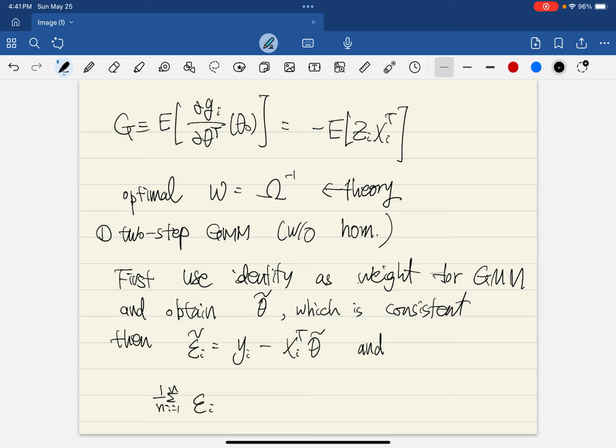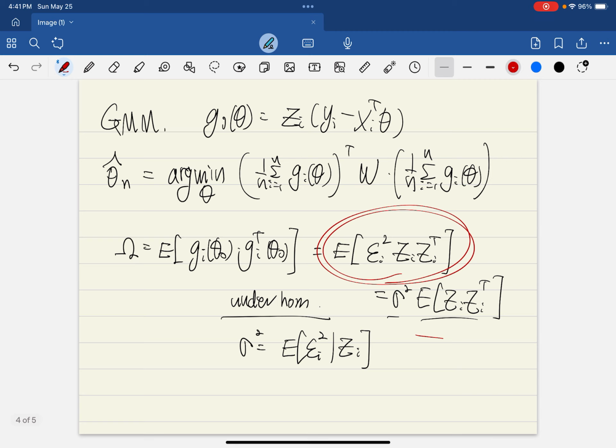and use the calculated epsilon and observed z, right? So this will be your estimated weight, of course you have to take the inverse of that. This is what you can calculate, compare this. You cannot calculate this because epsilon is unobserved, and also the expectation requires infinite observations, which is impossible.